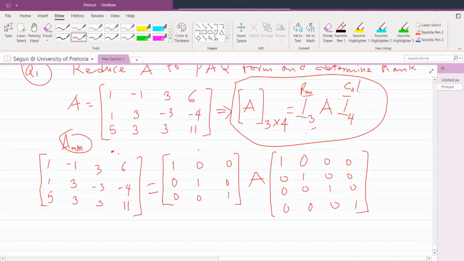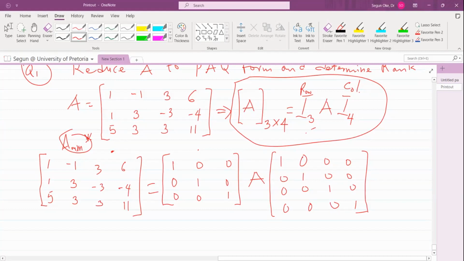Our aim in this case for PAQ is to make this particular part an identity matrix. That is why, when Tayo was asking if there is any particular unique thing we are looking for, for example, this place now, we are looking for the identity matrix.